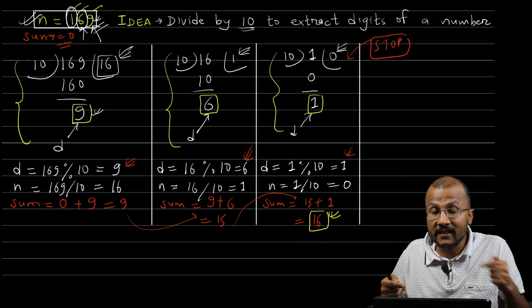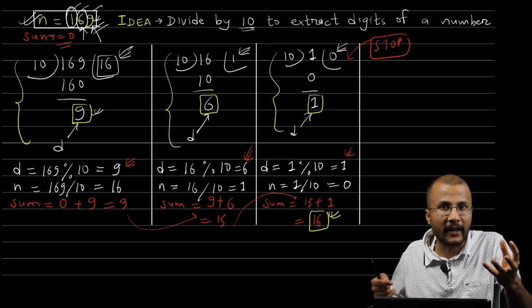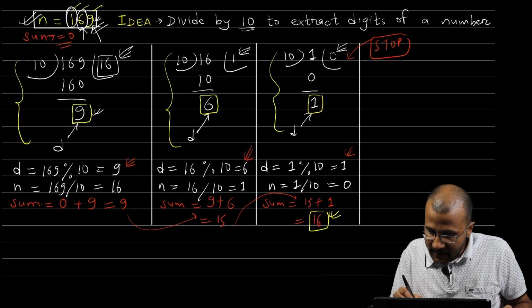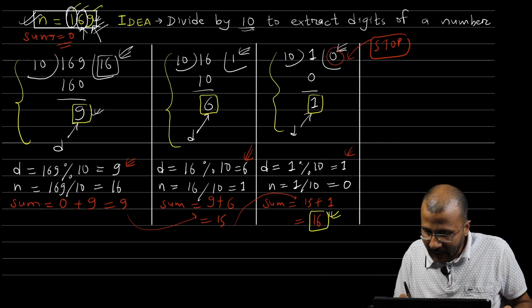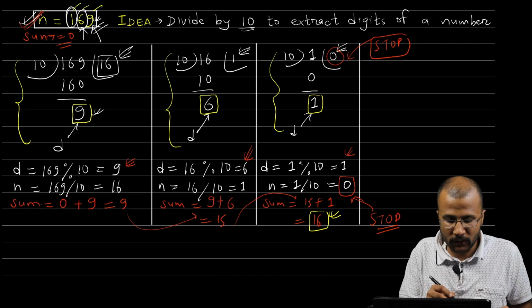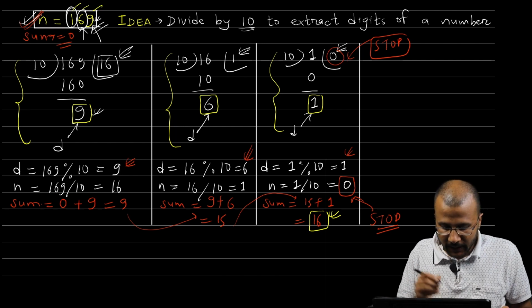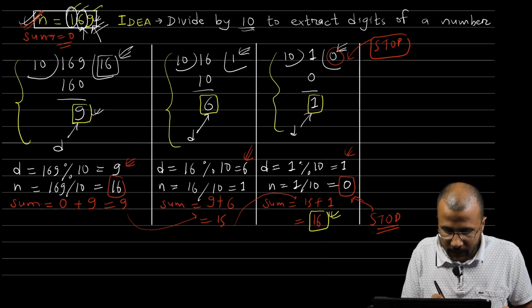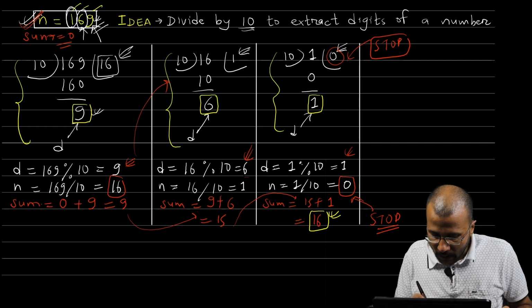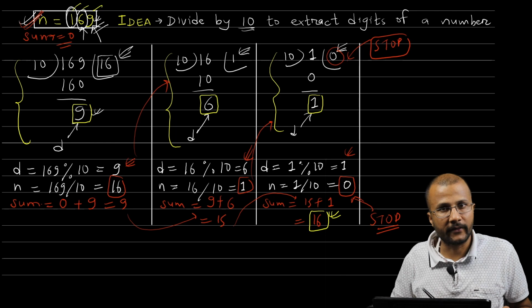So this repetition is not controlled by any counter value, but by the value which is 0. Whenever n becomes 0, I stop. Okay, see, initially n was 169, so I do the division. Then the new value of n was 16, so now again I do the division. The new value of n was 1, then again I do the division.